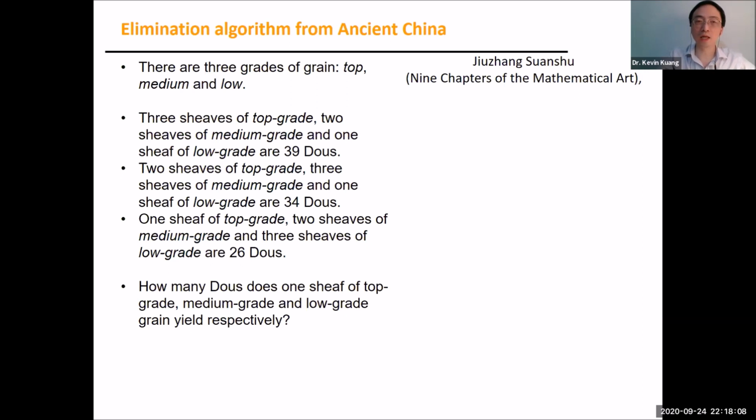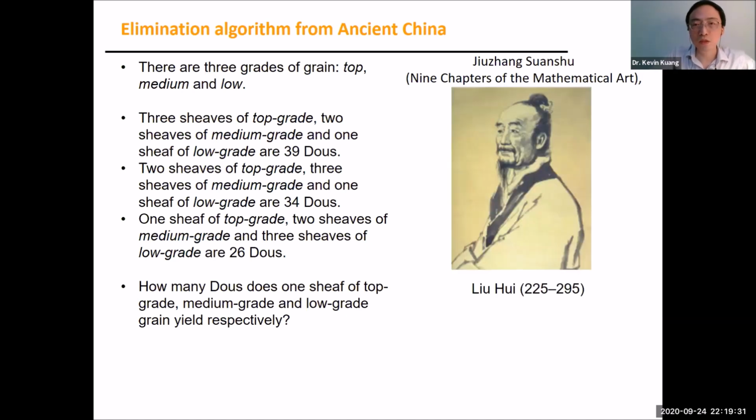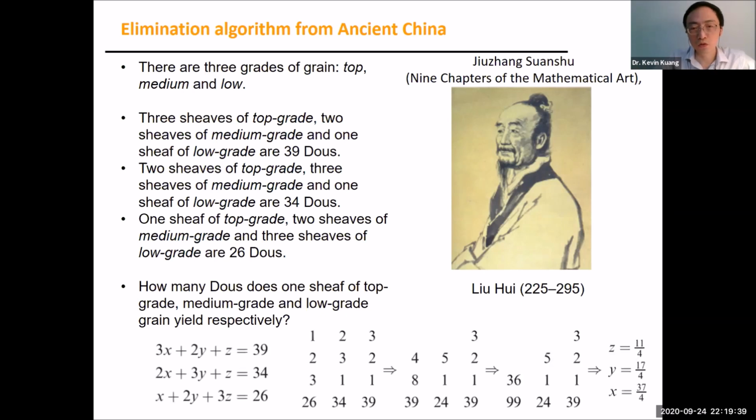So it is really a system of linear equations, okay, one from each of these situations, which you would like to solve for the unknown value of the grade. Now, the method to solve it has been demonstrated in the 9 chapters of the mathematical art. And it's very similar to what is written here.